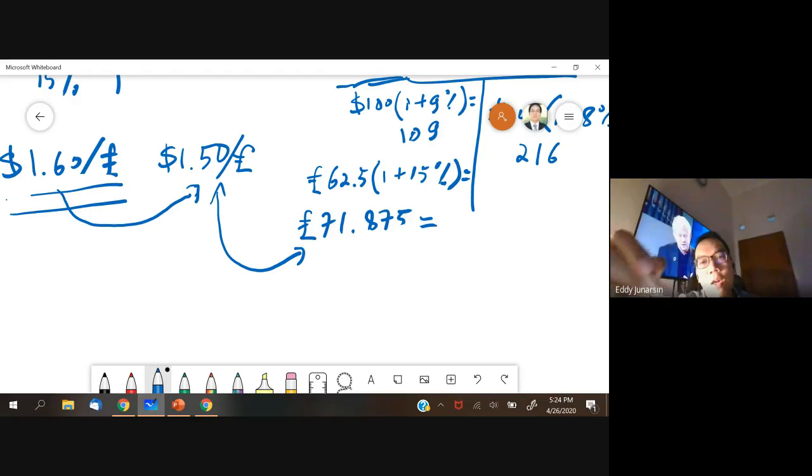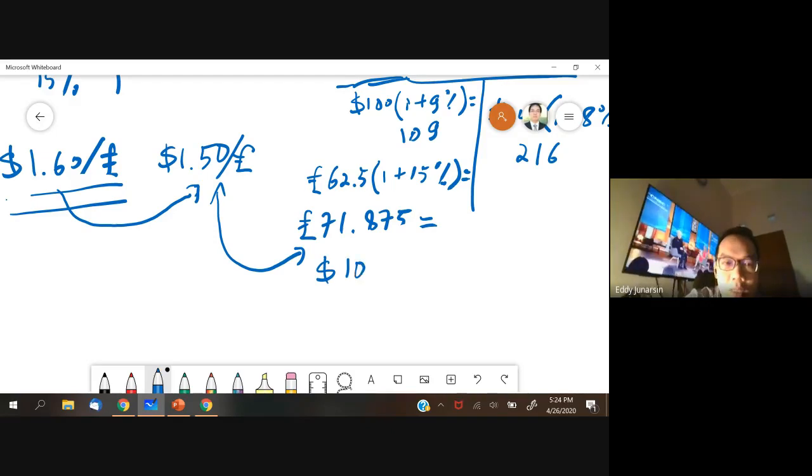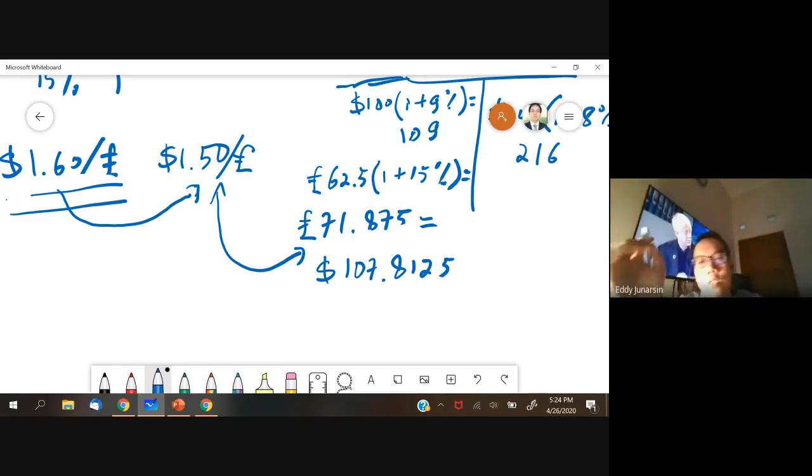Dollar per pound, and you have the pound. So the same at the back, you multiply them. $150. So now in dollars, this is what? 107.8125. Wow. This is not good, right?